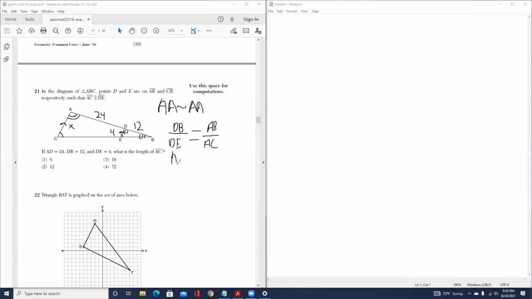We know that AB equals AD plus DB, (24 plus 12), which equals 36.